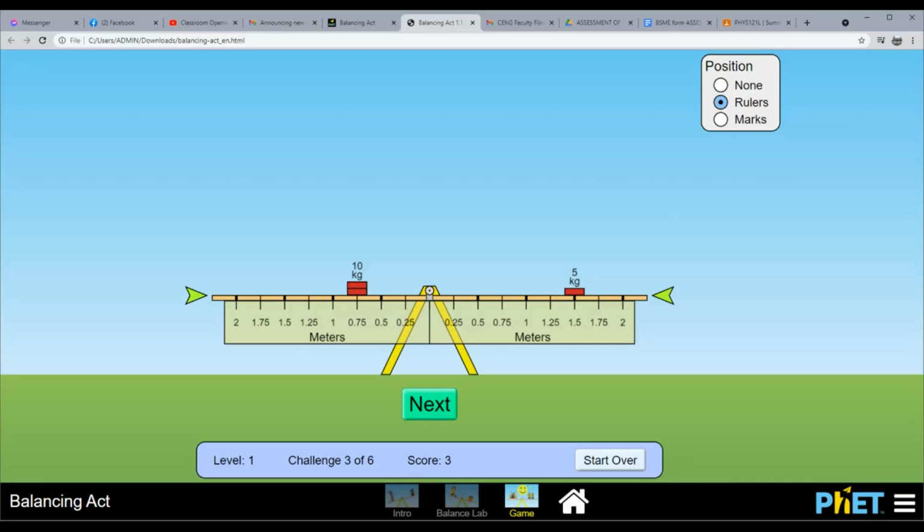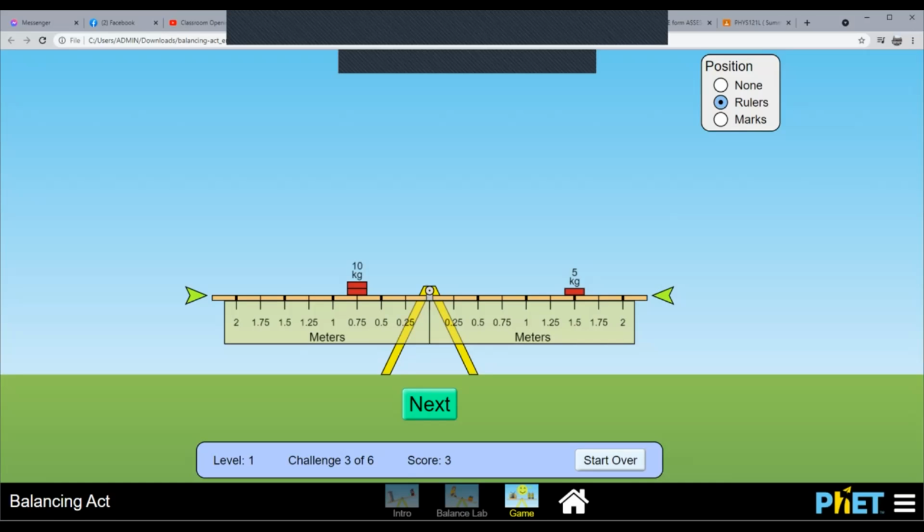Para po mag-balance, depende po sa distance. Kahit ano pong weight na meron sila, yung object. Okay. Basta po yung distance po is pwedeng maging weight para mag-balance sila. Sige.